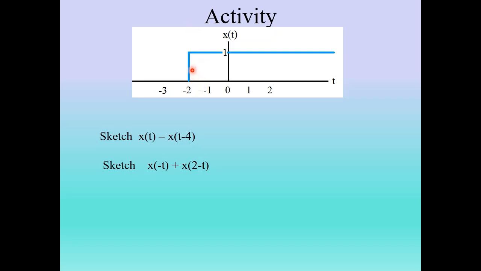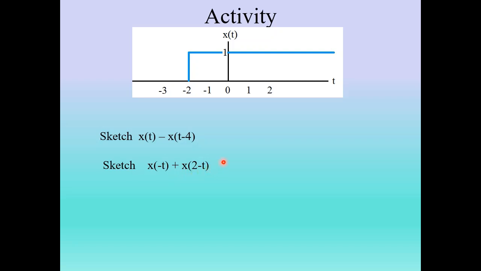We're given this continuous time signal, x of t, that looks like this step function here. There are two tasks. The first one, you're supposed to sketch the function x of t minus x of t minus 4. And the second part of the activity, a separate problem, is to sketch x of negative t plus x of 2 minus t.